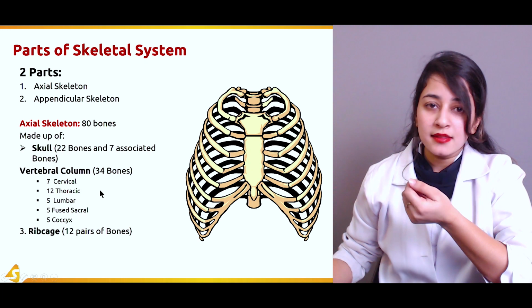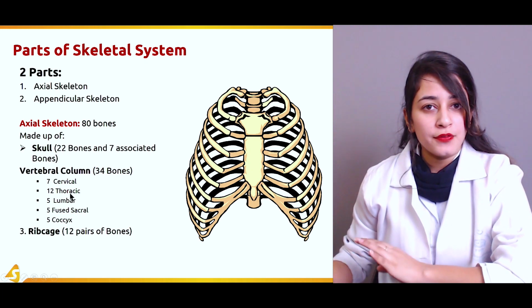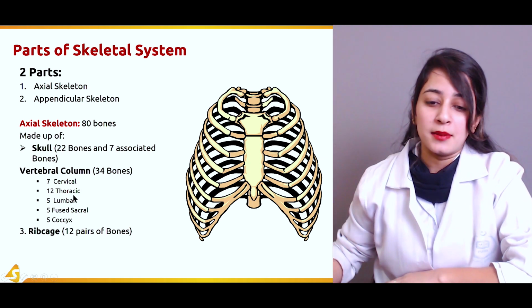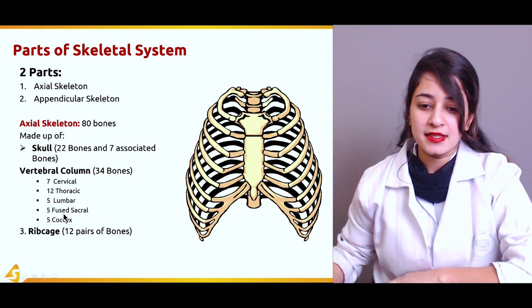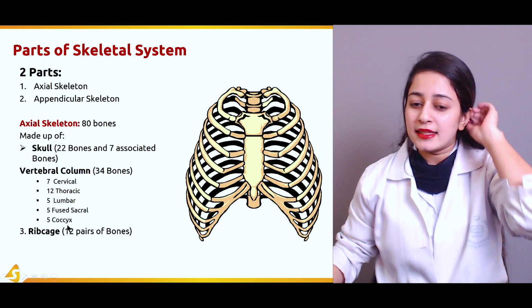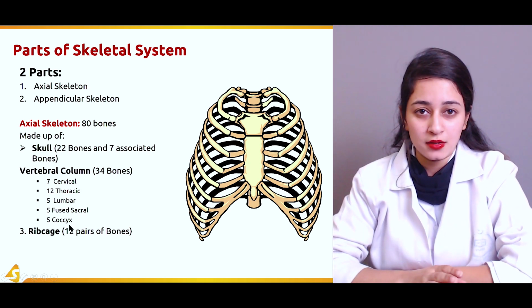7 are cervical, that is your neck region. Then 12 thoracic, your chest part. Then 5 lumbar, 5 fused sacral, and 4 or 5 coccyx. The number varies. And third, we have the rib cage.